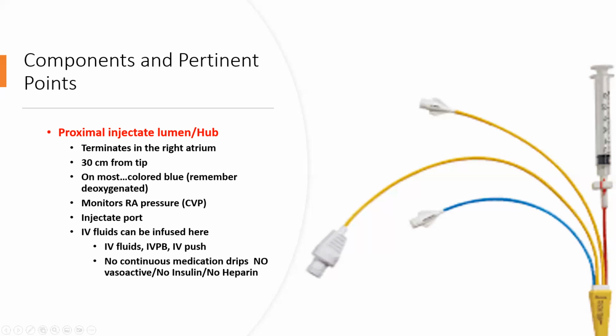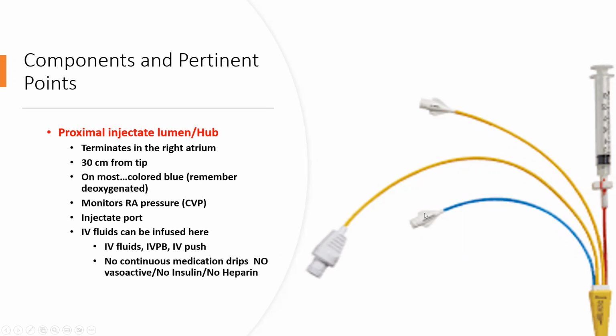Now, if you use thermodilution as a method to measure cardiac output, this is where you would inject that particular injectate to measure cardiac output. It also can be used to give fluids and drugs. You could also use it to withdraw venous blood samples.